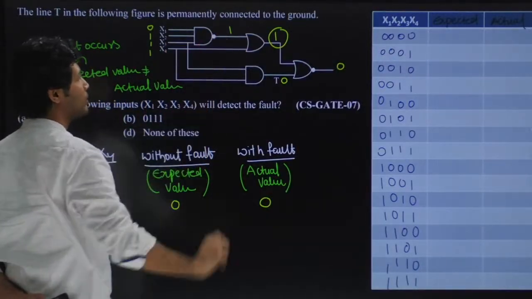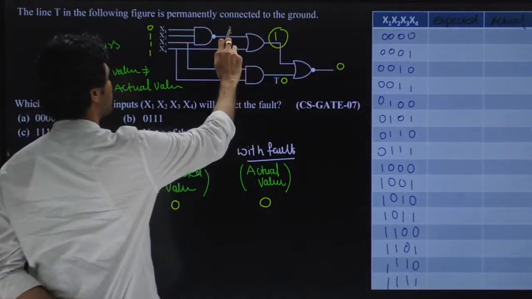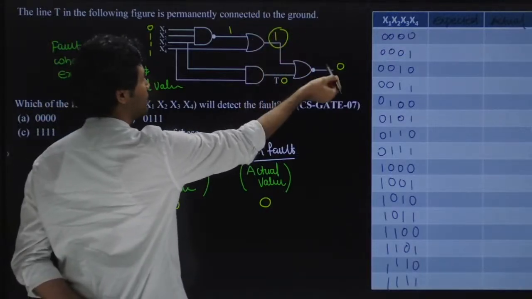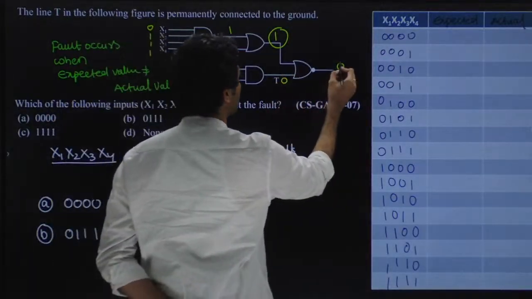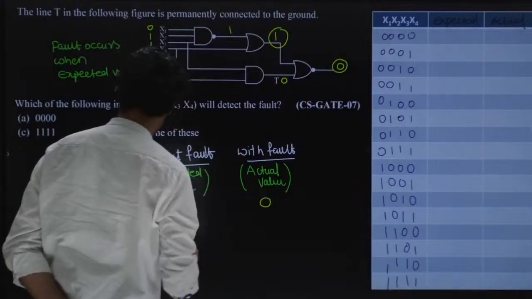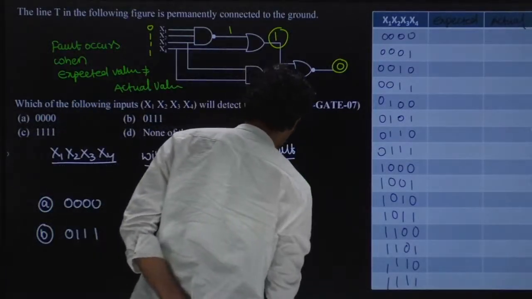OR gate, one of the inputs is 1, means output becomes 1. For a NOR gate, one of the inputs is 1, means definitely output has to become equal to 0. So output is 0 because of this path. Due to that, expected value is 0, and even with fault, the answer is 0.